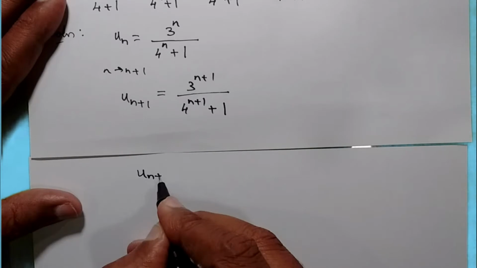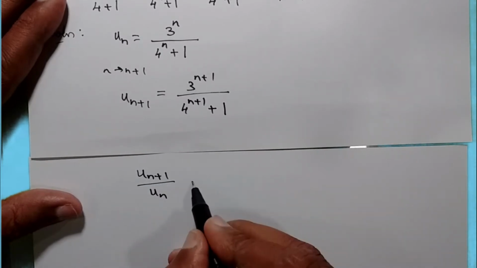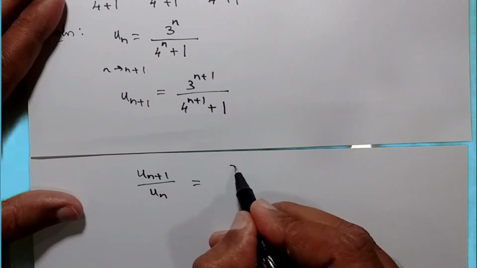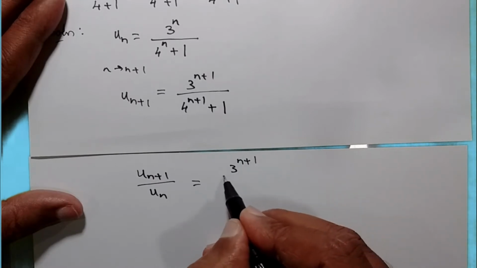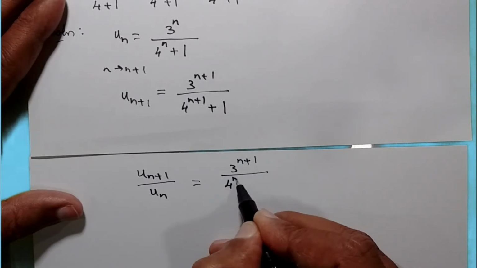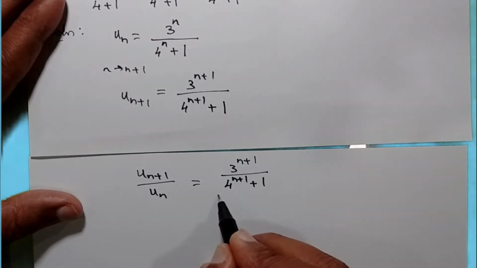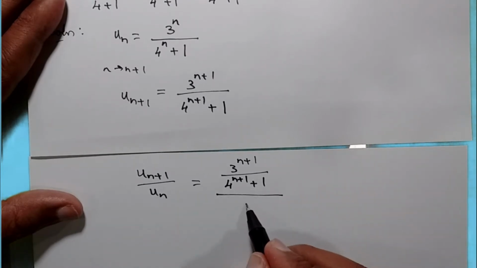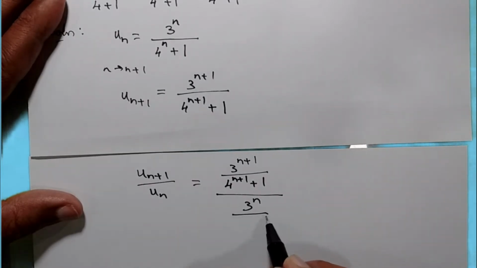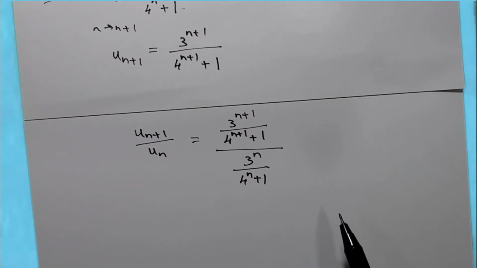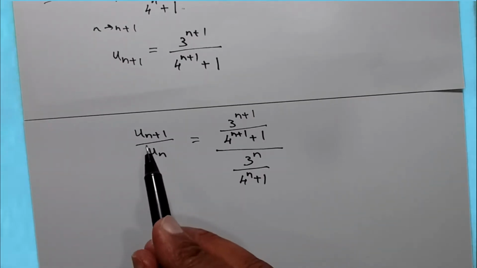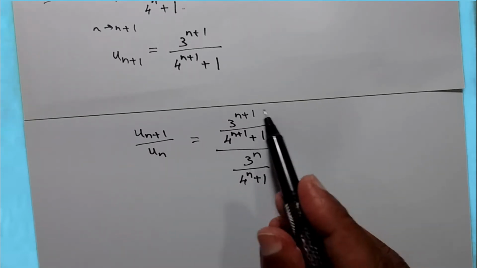So un plus 1 by un is 3 power of n plus 1 by 4 power of n plus 1 plus 1, whole divided by the un value. Un value is 3 power of n by 4 power of n plus 1.